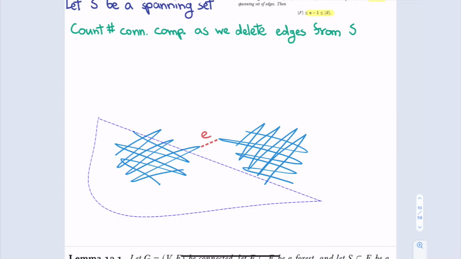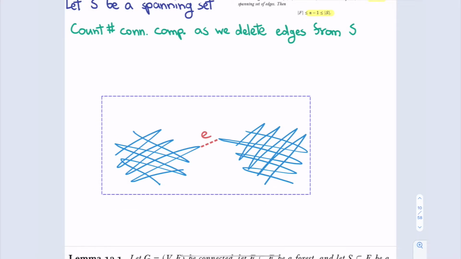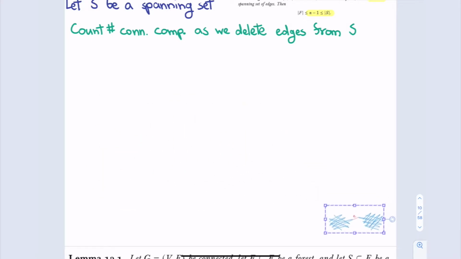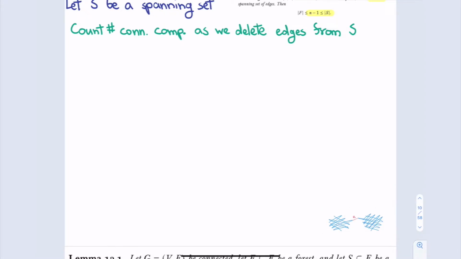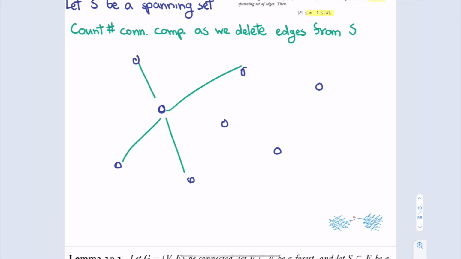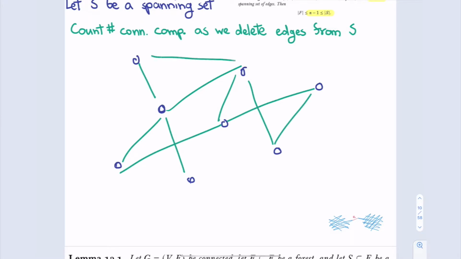We'll do a similar thing for spanning sets. It'll sort of be the opposite argument. There's going to be a lot of opposites between forests and spanning sets. So let me set up some vertices again. It's a connected graph, so a spanning set will be a connected subgraph. So I'll add some redundancy.